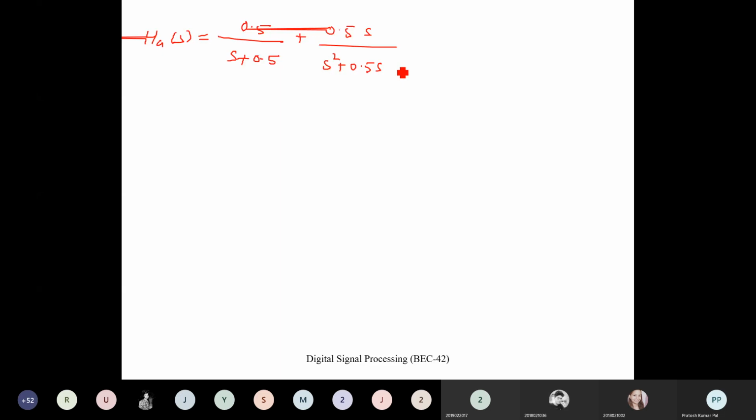Suppose it is of the form (s plus A) divided by ((s plus A) to the power 2 plus B square).